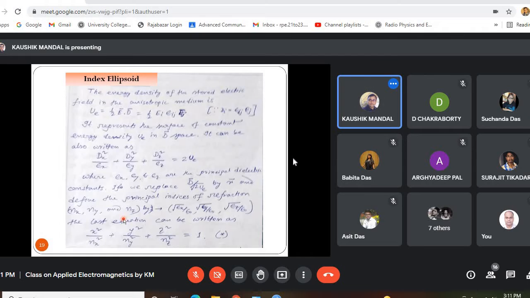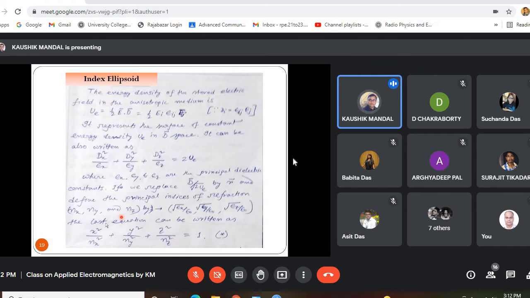This is the general equation for an ellipsoid, where the major axes of the ellipsoid are parallel to the x, y and z axes, correct? And the lengths of the corresponding ellipsoid along x, y and z will be 2nx, 2ny and 2nz respectively.